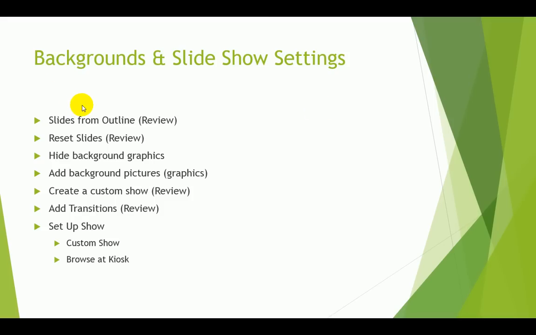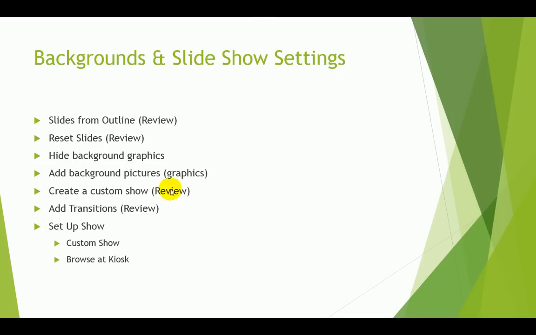In this presentation, we did several review items. We brought some slides in from the outline and reset those slides. We then showed you how to hide those background graphics using the Design tab, and then how to add a different background graphic if you wish to change the graphics that were used.